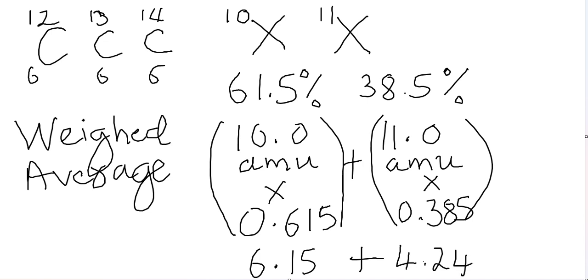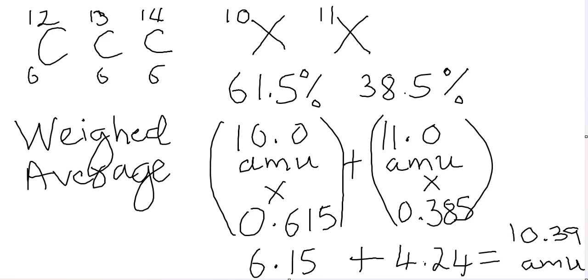And now I simply add them up and I get 10.39 AMU. So this is the average mass of the hypothetical element X.